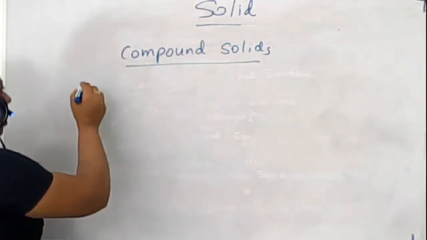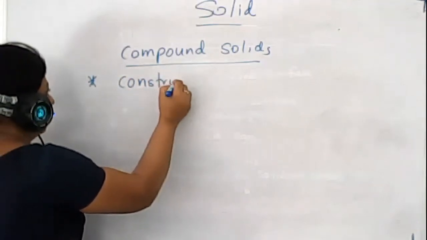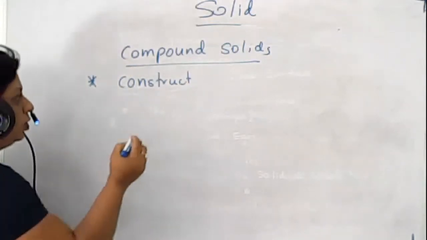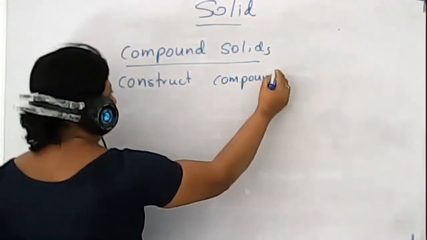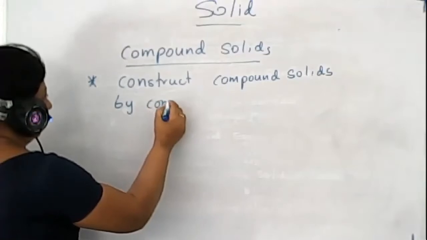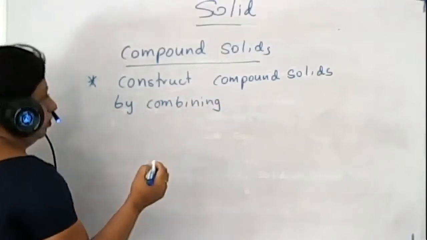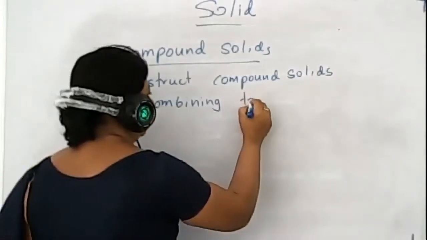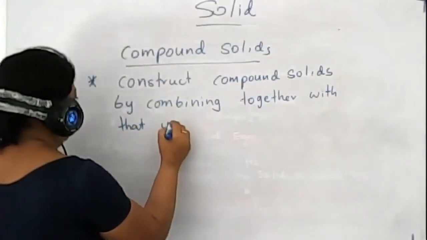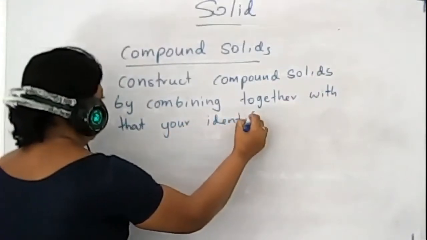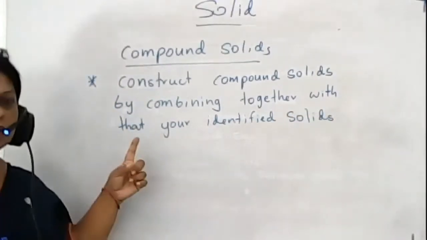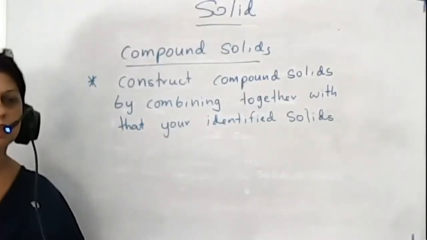Under this, put a star and write: construct compound solids by combining together two identified solids.